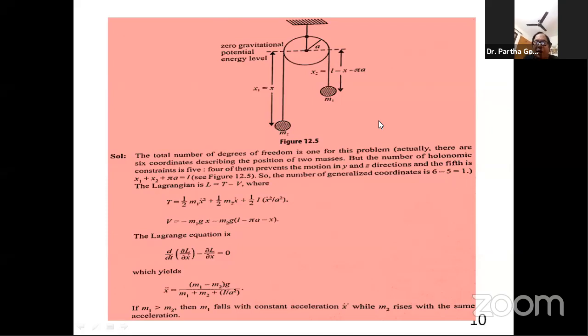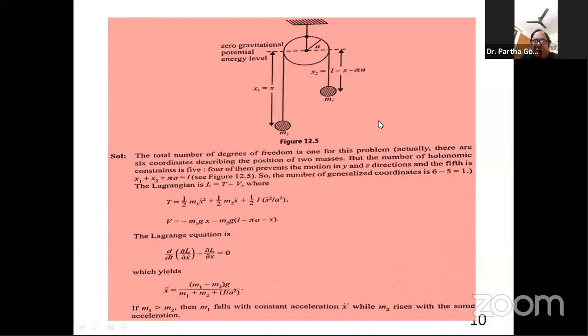x dot is the velocity of the surface of the pulley. First thing, x dot is the velocity, the instantaneous velocity of the masses, right? I think I am clear to everybody. And obviously that of the string.